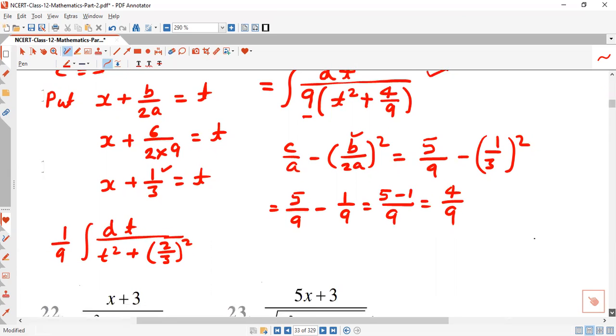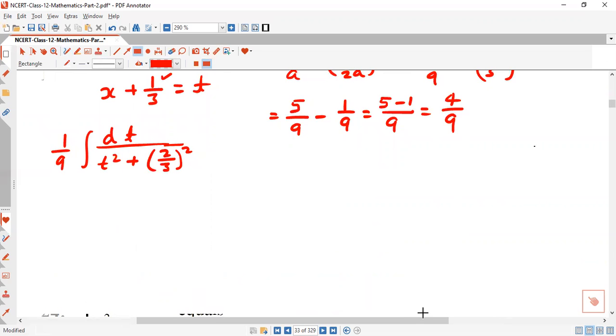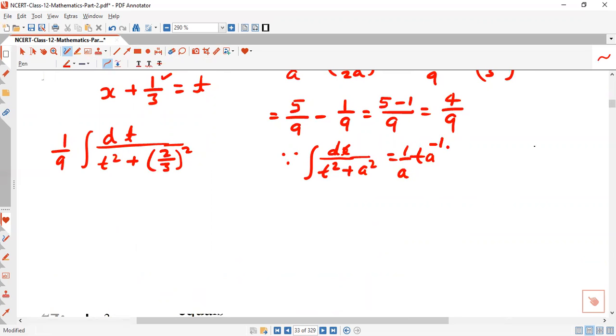So this comes out as a standard formula. Let's see what the standard formula is, and we put the answer in the standard formula. The standard formula says, you know this formula, integral of 1 upon t square plus a square dt will be equal to what? 1 upon a tan inverse t upon a.